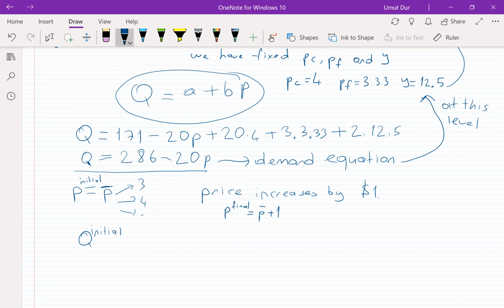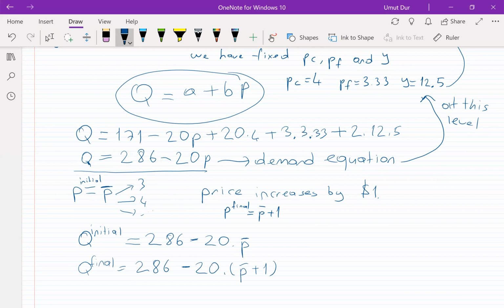So the initial quantity demanded will be 286 minus 20 times P bar, and Q final is equal to 286 minus 20 times P bar plus 1.